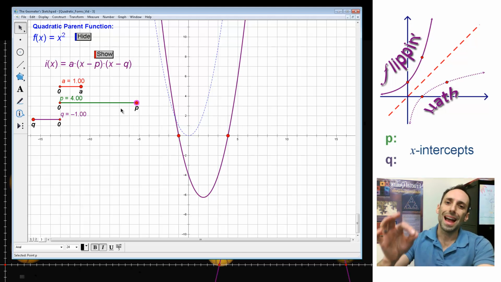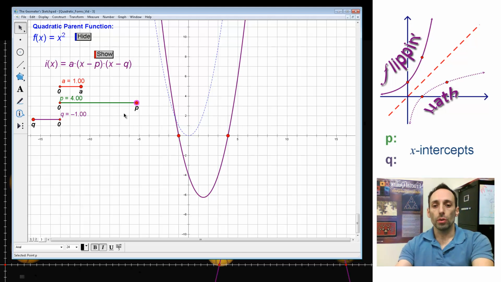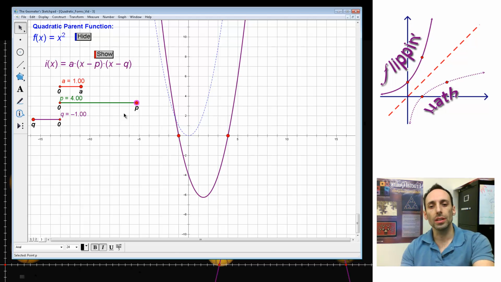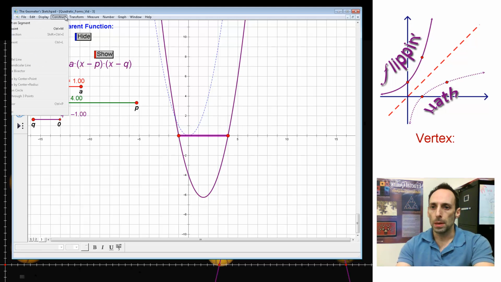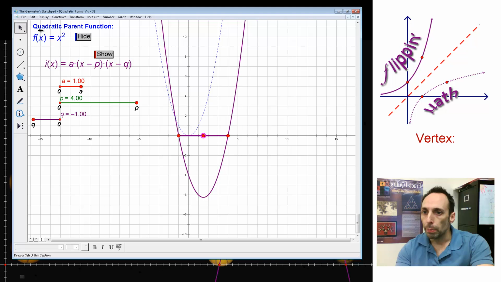So specifically, x-intercepts. So here's another question. Like the previous form, the vertex form gave us the coordinates of the vertex. This one doesn't. So what could I do in order to get the vertex pretty easily? How about the same thing that we did to come up with the formula for the vertex to begin with, which was if I make myself a segment between those two x-intercepts, and then I find the midpoint, and then I just construct a perpendicular line between those two things.